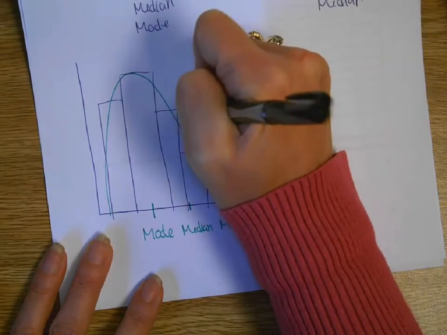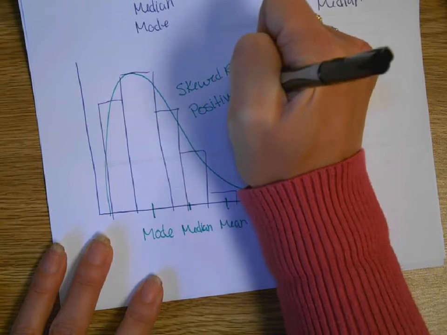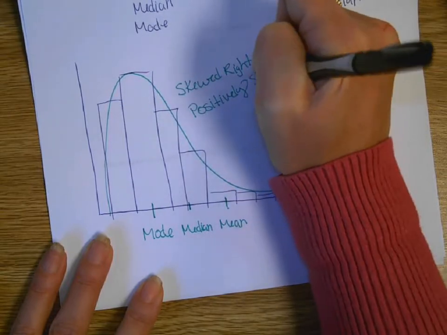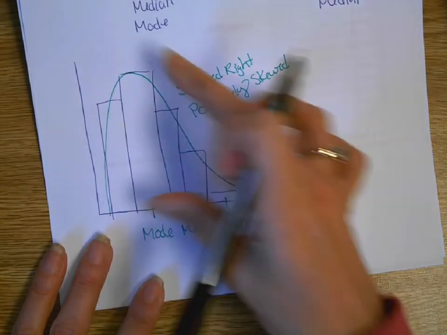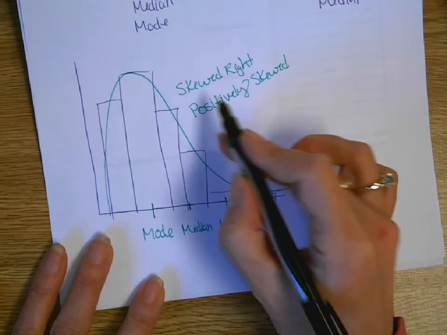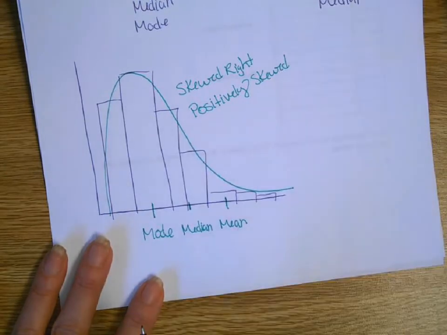Or it might be called positively skewed. So it's where the tail is at. The tail is to the right, so it's called skewed right. So the average got pulled to the right.